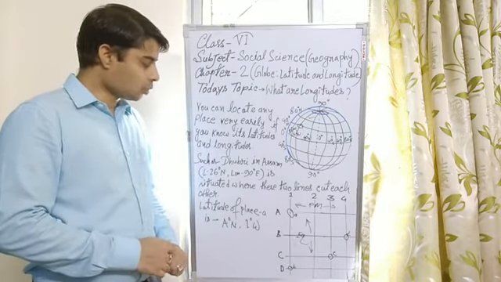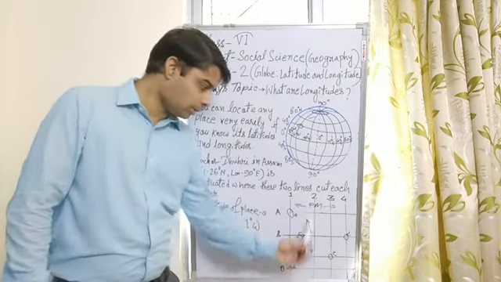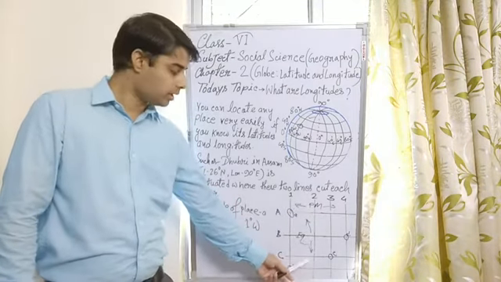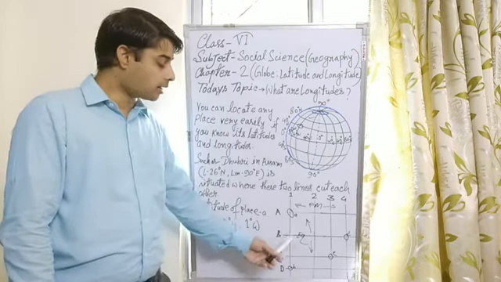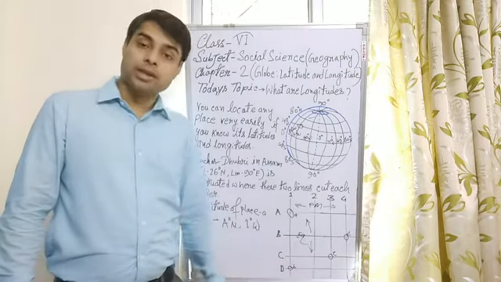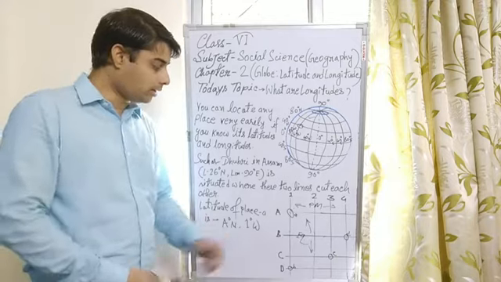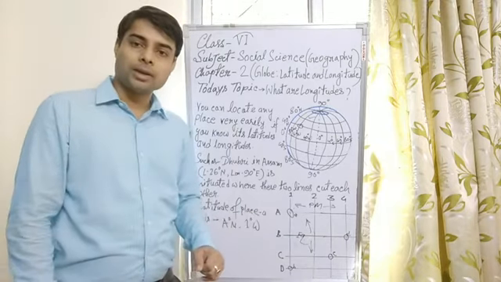Now, what happens if I take the number 2 line as the prime meridian, and line B as the equator? Then how can we define the location of A?